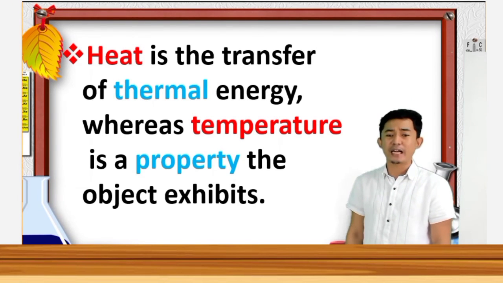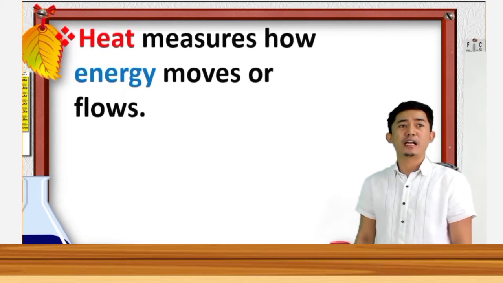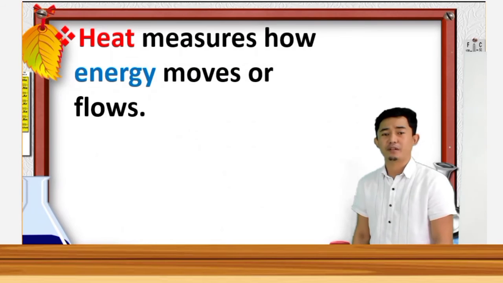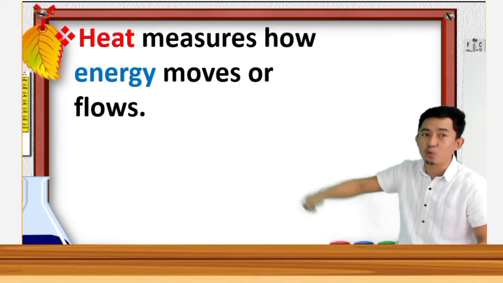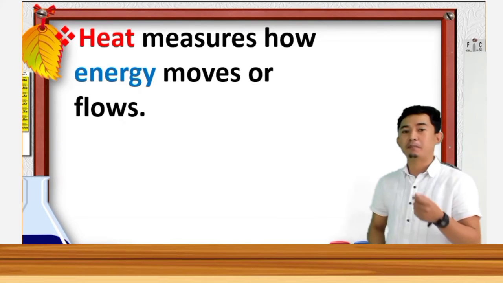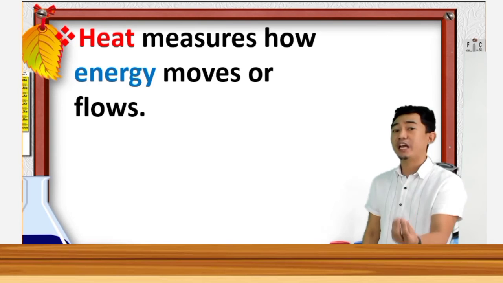And aside from that, I have here another piece of information about heat. Okay? Heat measures how energy moves or flows. As I showed a while ago in the picture, the heat is energy that moves or flows.